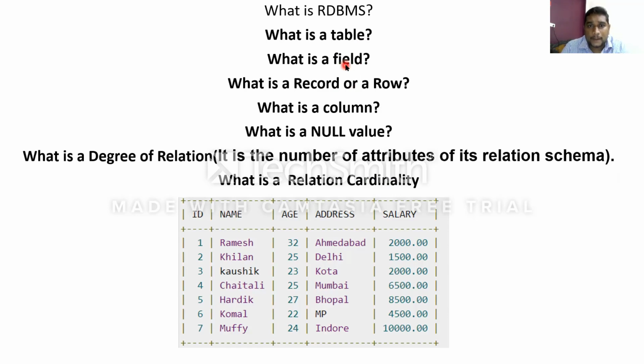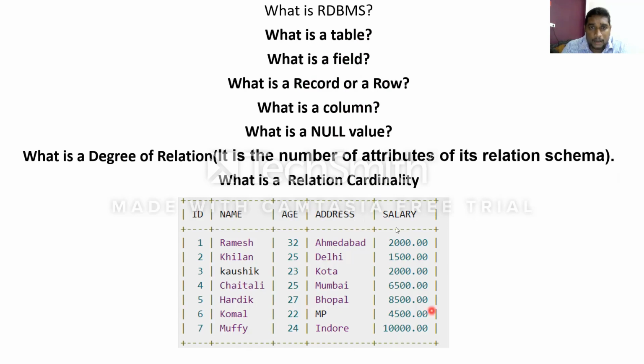A field is the attribute under which the data lies in the table. A record is the overall row of a particular table. A column is the particular attribute information taken by the user, and that attribute information is called a column.